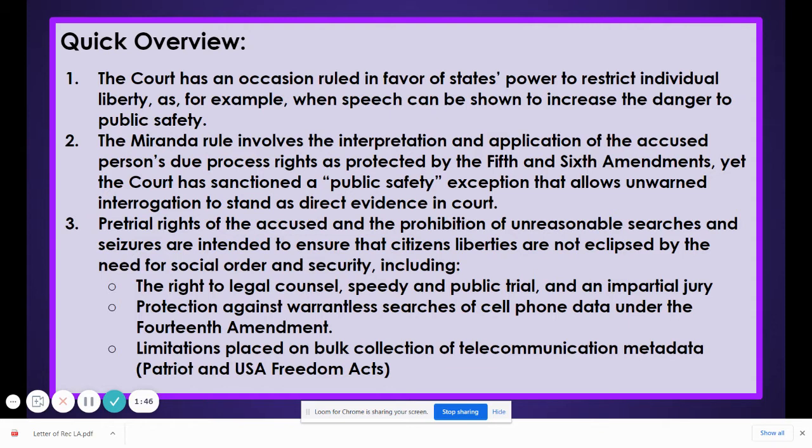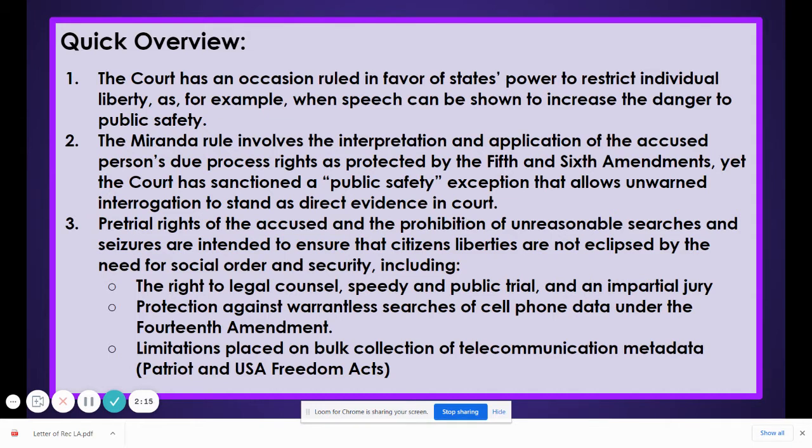So that's going to go with the case that we're going to look at tomorrow, Gideon versus Wainwright. A little preview on that. One thing to know is that we have these constitutional rights, and then police informing people of their constitutional rights. Also keep in mind that this rule does involve the interpretation and application of the accused person's due process rights.